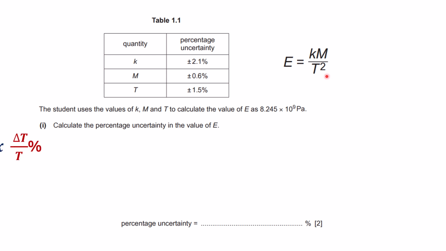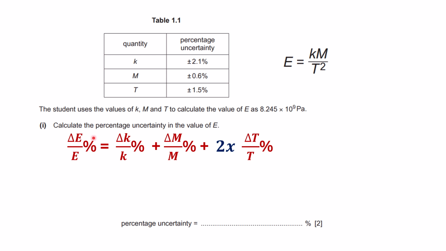I will show you how you calculate the percentage uncertainty. This is the format that you need to write. This delta here is not the change of. This delta is just a notation for uncertainty. So this is percentage uncertainty, so make sure that you write the percentage. And then you have the percentage uncertainty for K, M, and T. Notice here that for T you have to multiply by 2 because T is squared.